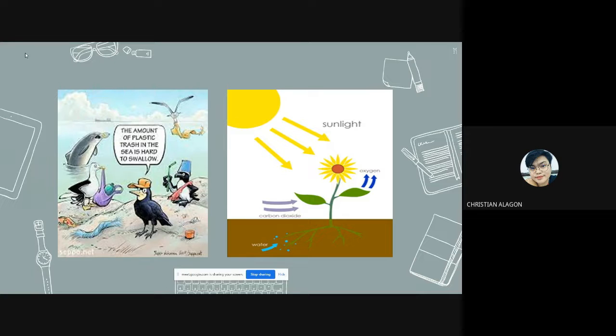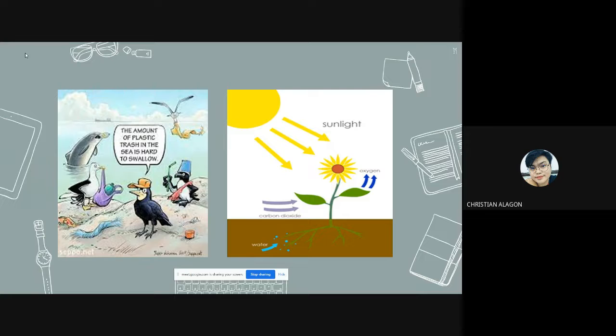That is the cause, and the effect is the animals have no food to eat, have no space that they will live harmoniously, and they will die from eating garbage. So, as you can see in the news, there are big fishes like whales that died because of tons of plastic that the whale eats.